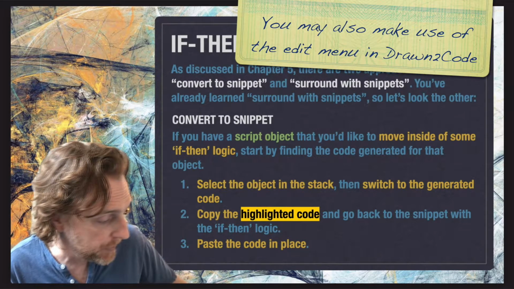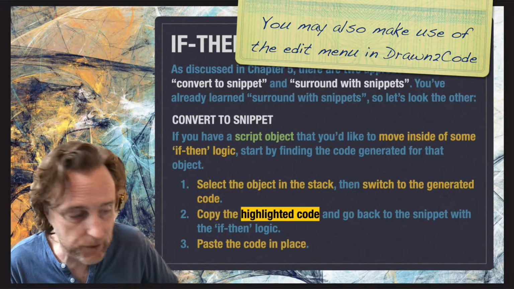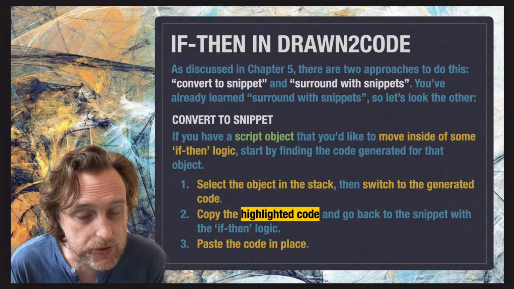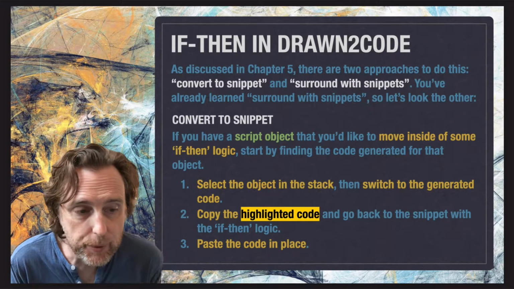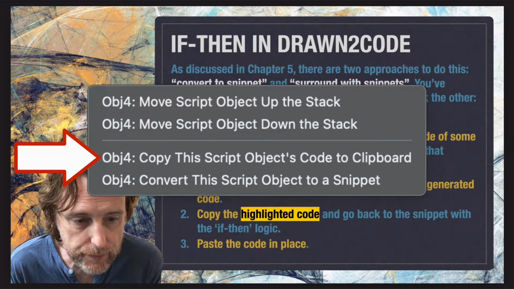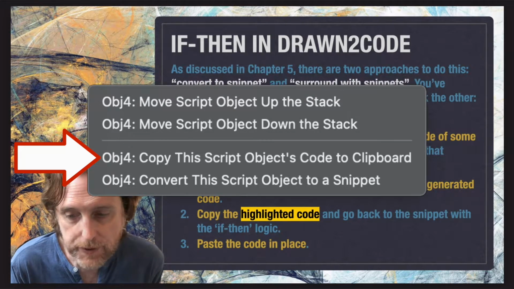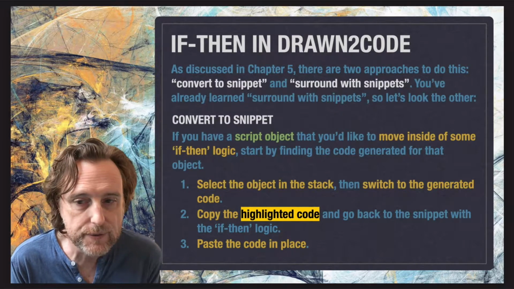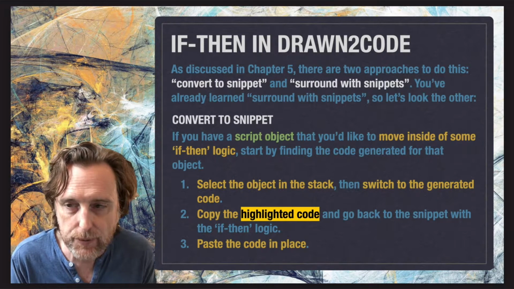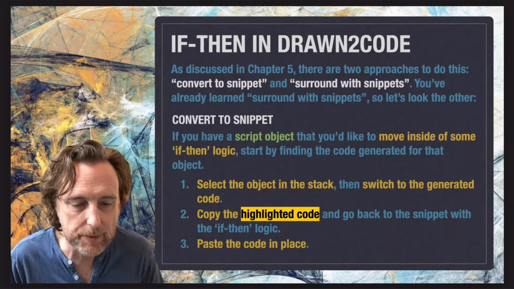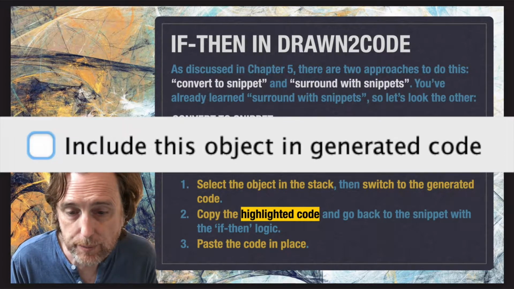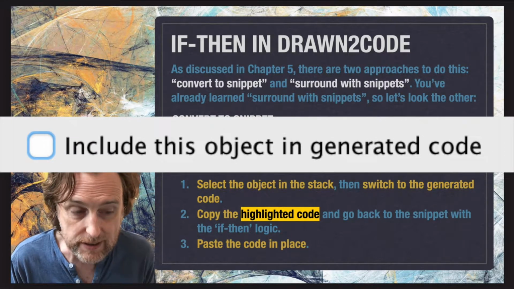Alternatively, if you just want the entire script object, you don't want to copy a bit out of it, you can select the script object in the stack and then pull down the edit menu at the top of the screen and choose copy snippet code. And then you're also left with the issue that it still leaves the script object in your code. So you have a copy of the code that it generates, but then you also have the script object. So you have to either remove the script object from the code by unchecking its checkbox, or delete it.